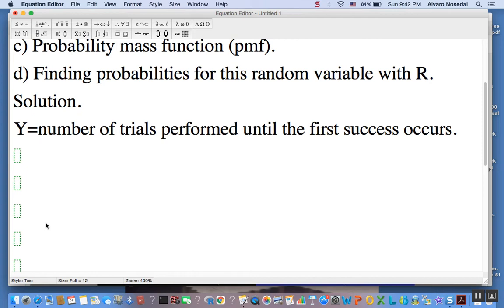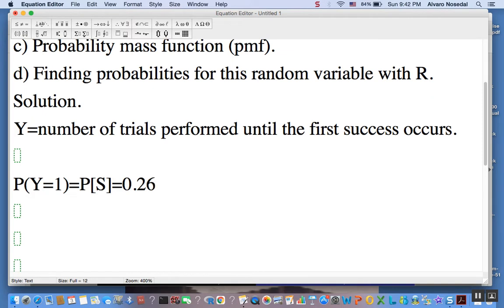So the first part is finding the probability that the first person interviewed is a Pepsi drinker. The probability of Y being equal to 1 is the same as the probability of a success. And according to the information that we have, the probability of observing a success is 26%, or 0.26.